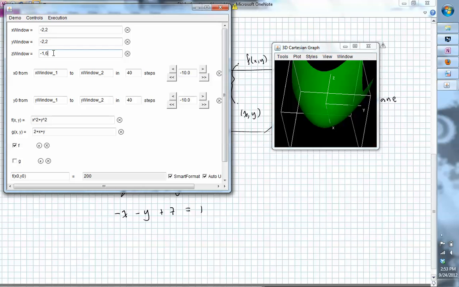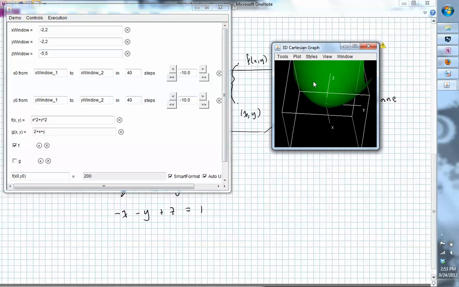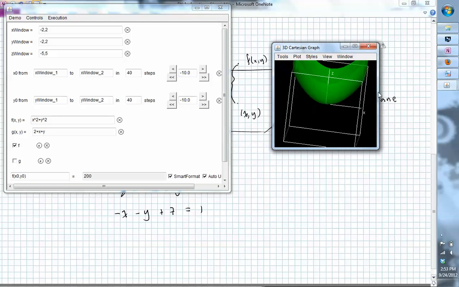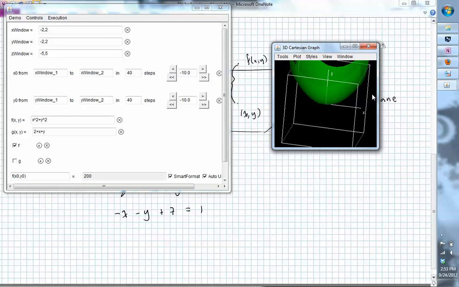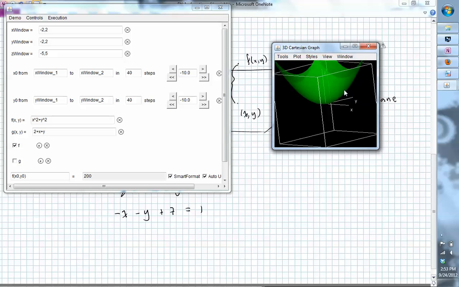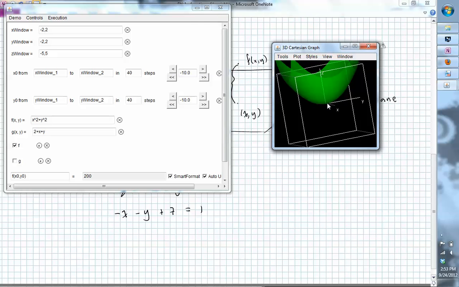For example, if I change this to, say, minus 5, 5, then in fact that is the origin. But that's just another little quirk of this piece of software that I want to point out. Generally speaking, this is not the origin. All it is is the center of the view.